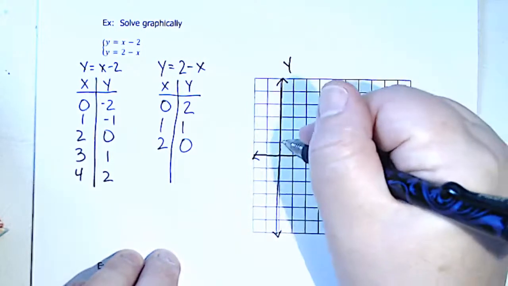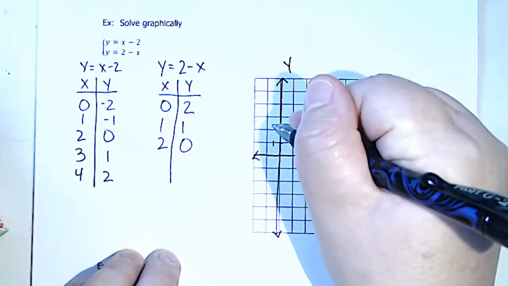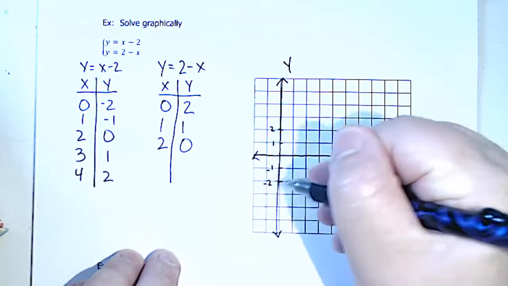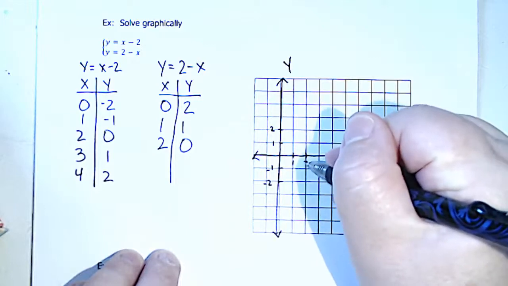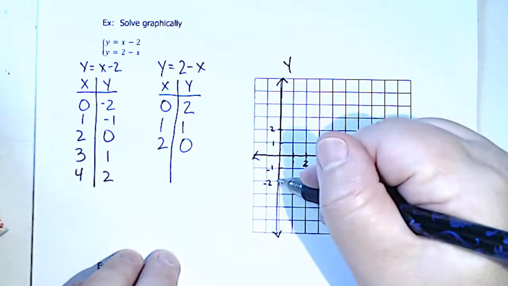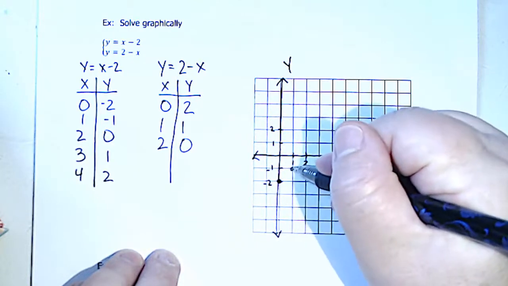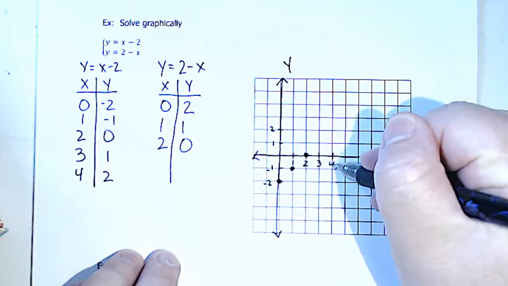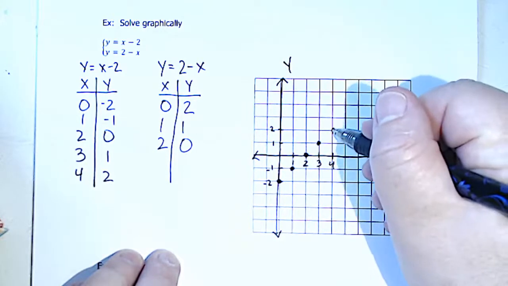Okay, I am going to mark out my graph. There's 0, there's 1, there's 2, there's -1, there's -2, 1, 2. Okay, so let's see. I've got 0, -2, 1, -1, 2, 0. There's 3, there's 4, 3, 1, and 4, 2.